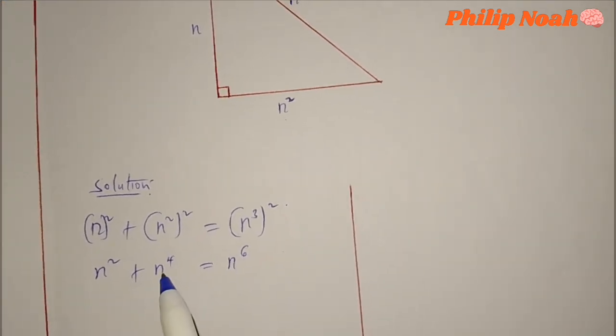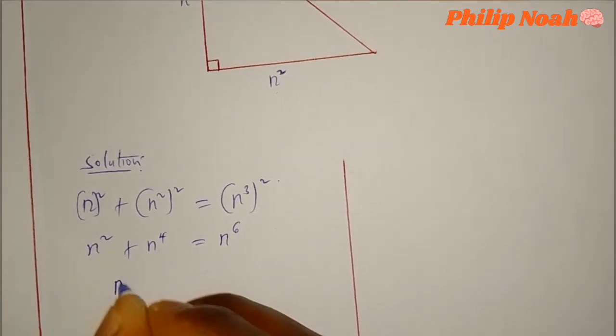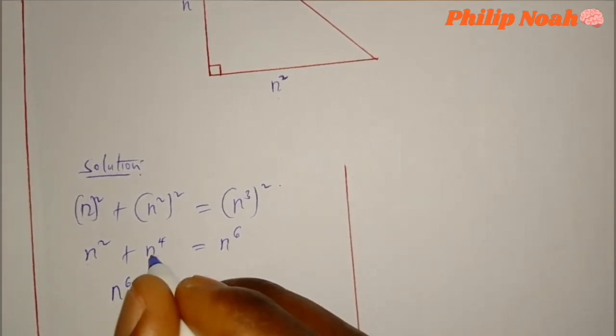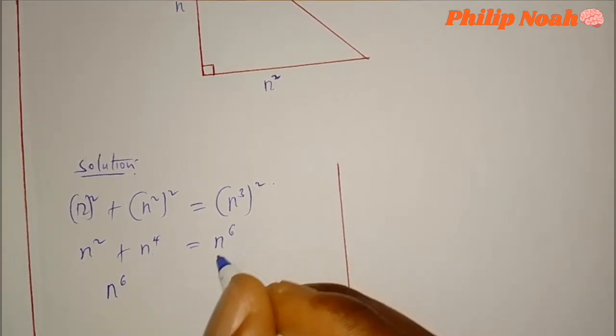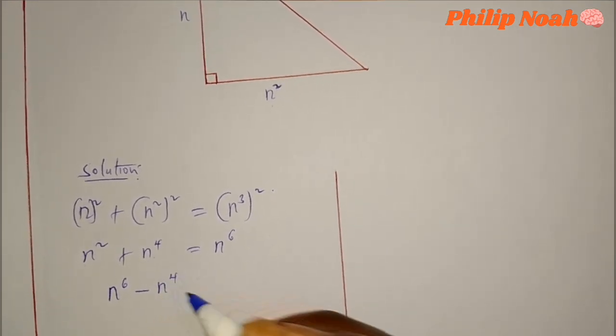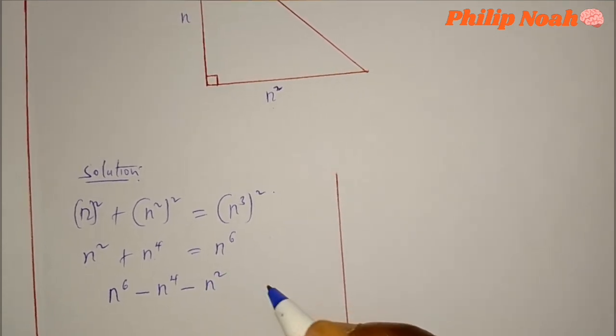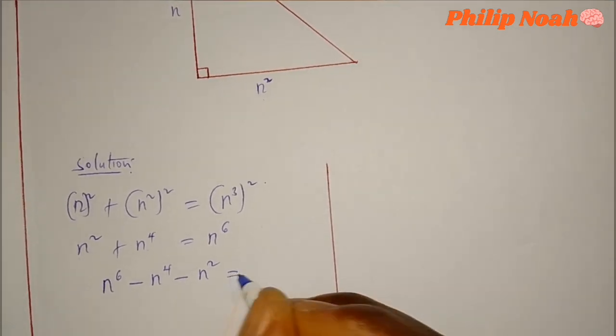So we bring this and this to the other side of the equal sign, and now we have n power 6. If this crosses the equal sign, it becomes negative. So minus n power 4, this one also becomes negative, minus n squared is equals to 0.